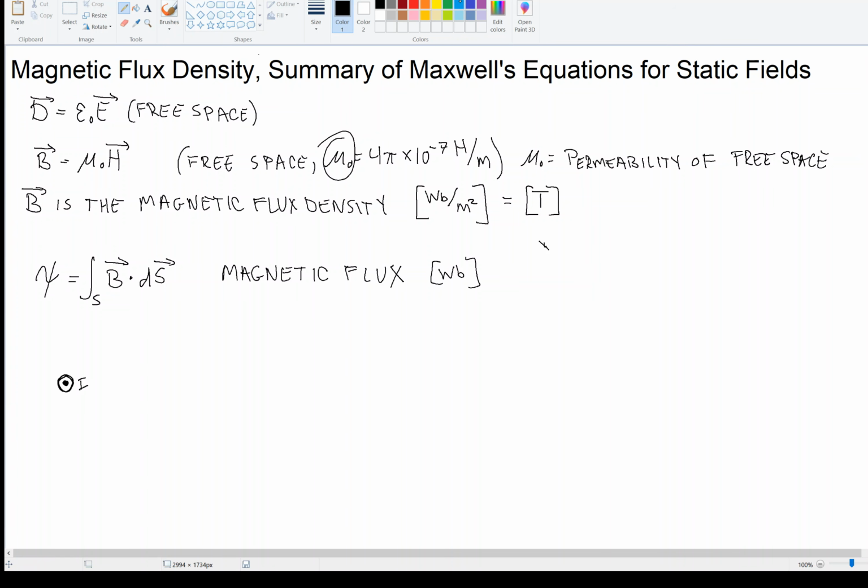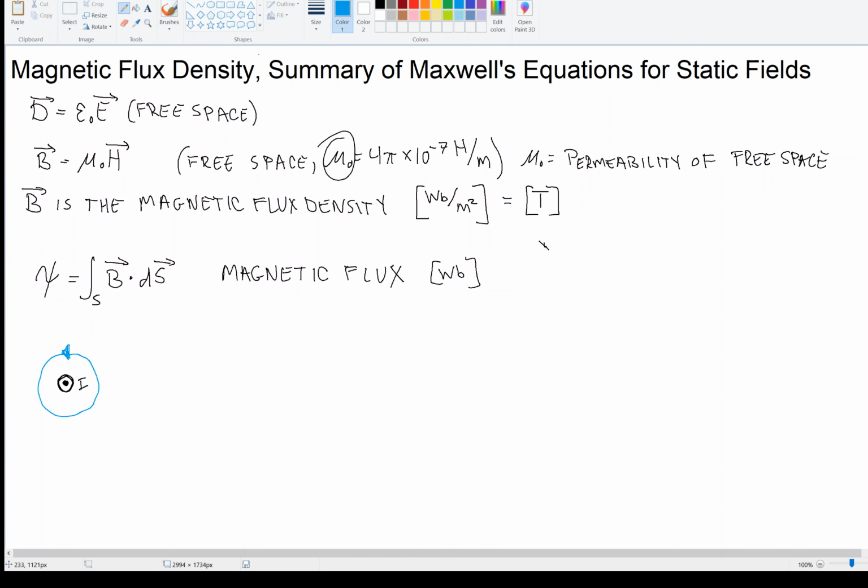Then the magnetic field intensity, the magnetic flux density, the magnetic flux, all point in the same direction, and so we give those magnetic flux lines this direction, in the direction of the magnetic flux density. That would be the magnetic flux line for this current.